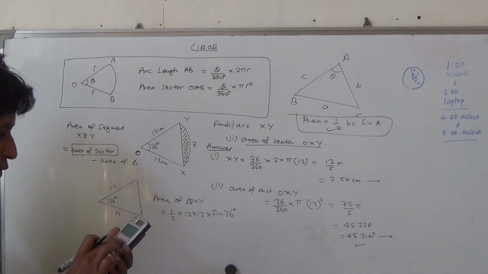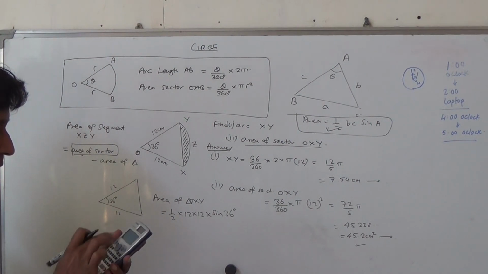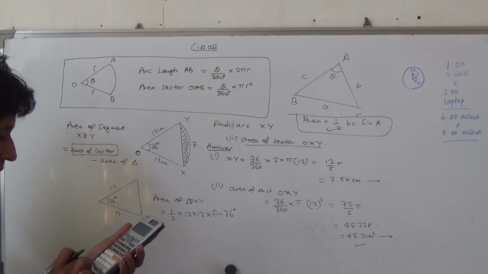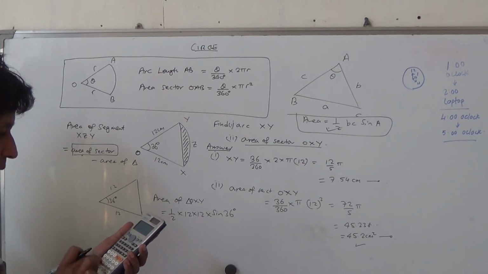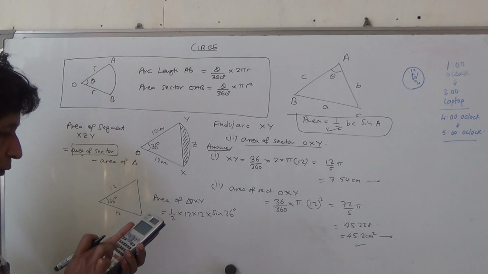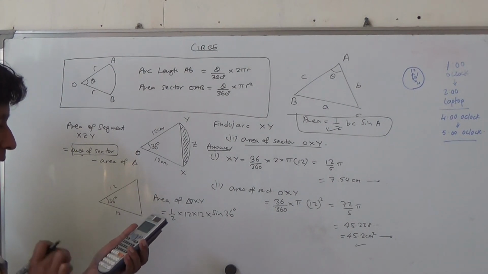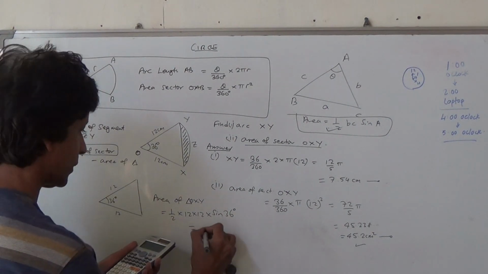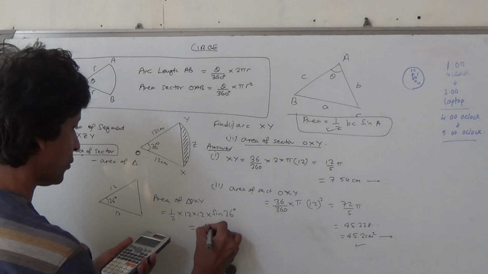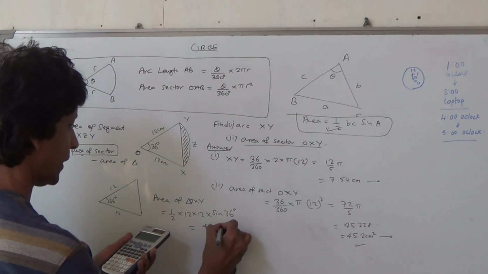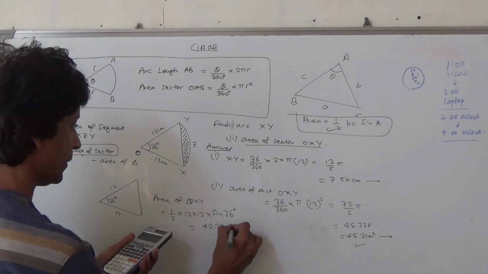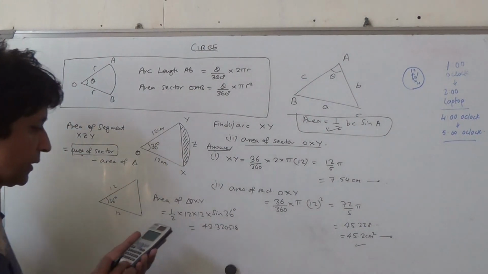Now I'm going to switch my calculator back into degrees mode. So I'm getting half times 12 times 12 times sine of 36, and from here I'm getting something like 42.320538.